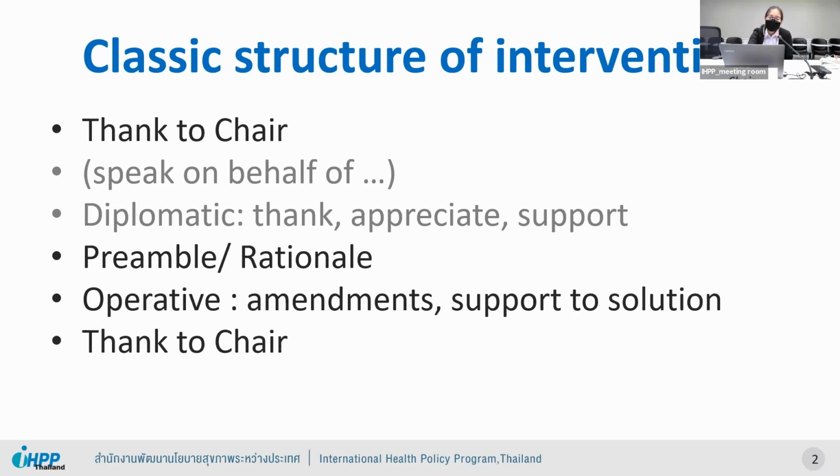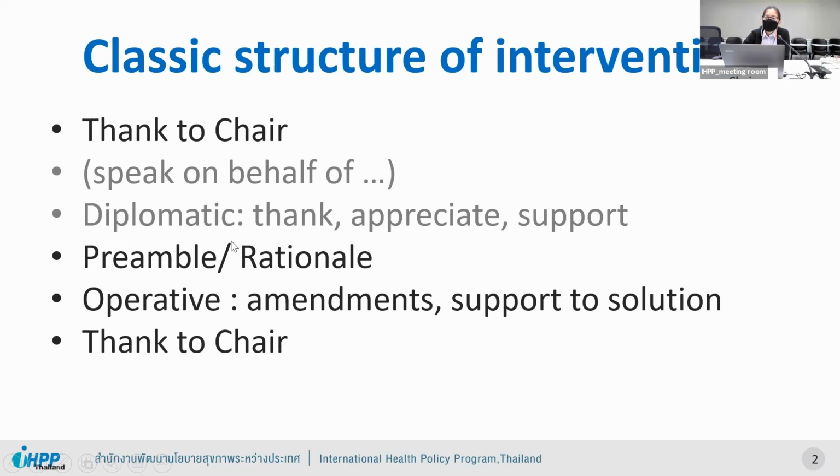But I made the light gray font for these two parts because we have very limited time. For the Thai delegates, we agree that we will make only a 2-minute intervention, so we can skip this part.